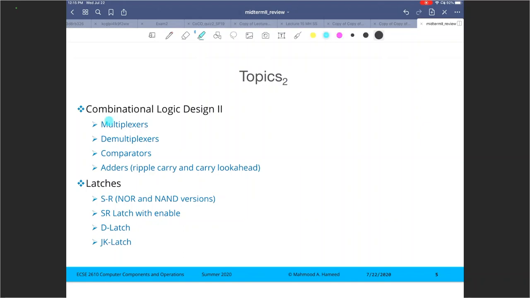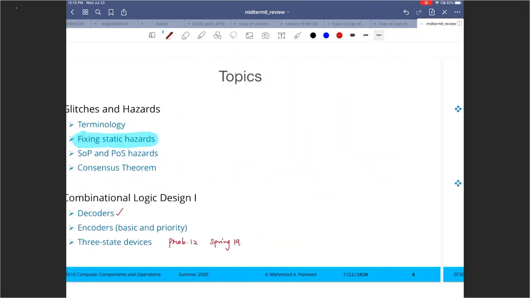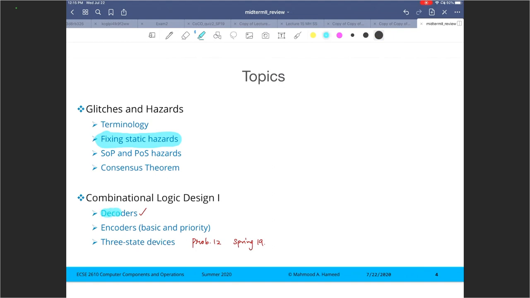Even though all these topics are pretty important, multiplexers happens to be one of my very favorite components, combinational components, just because you can do a lot with multiplexers. Remember, you can also do a lot with decoders, right? So you can synthesize logic functions using decoders as well.